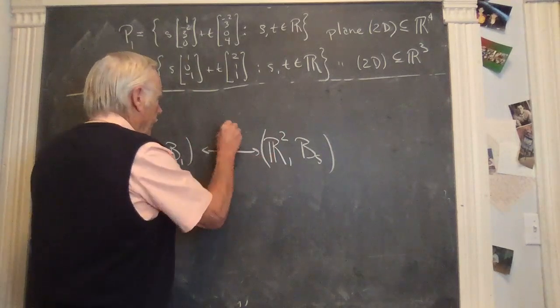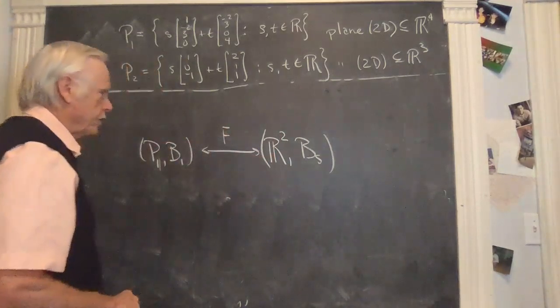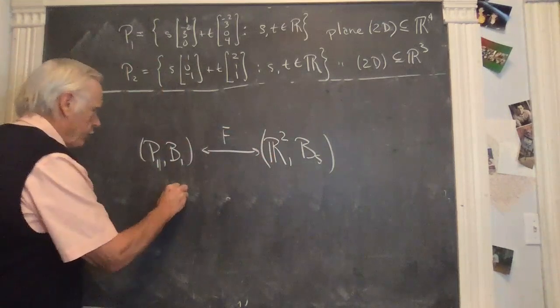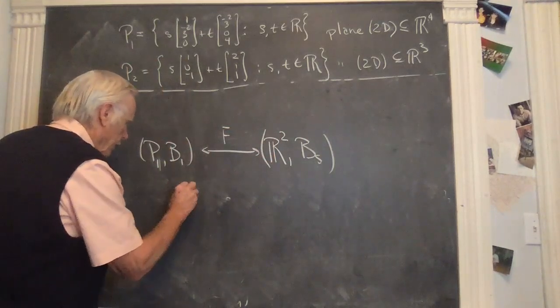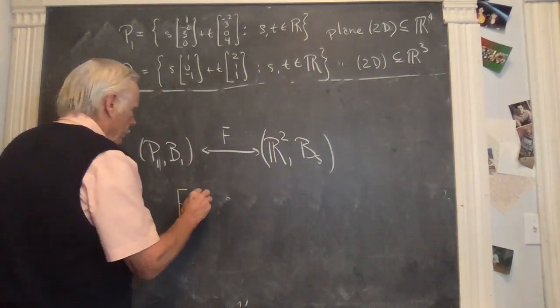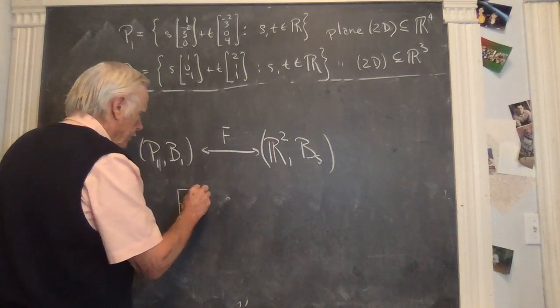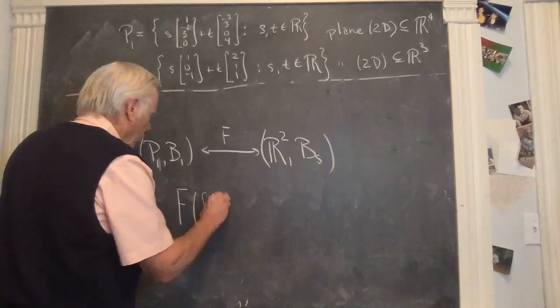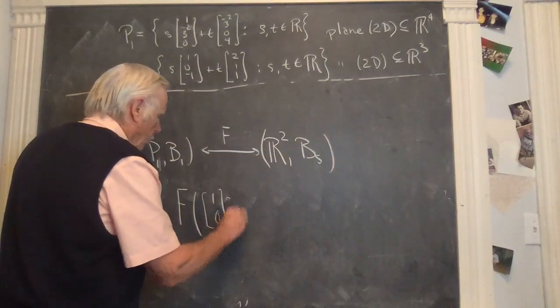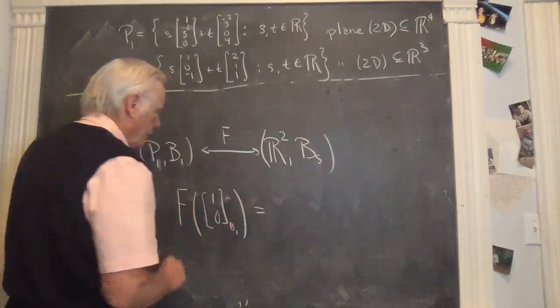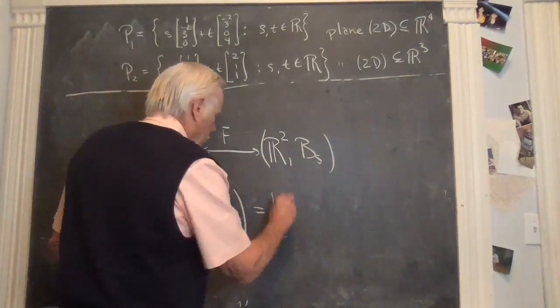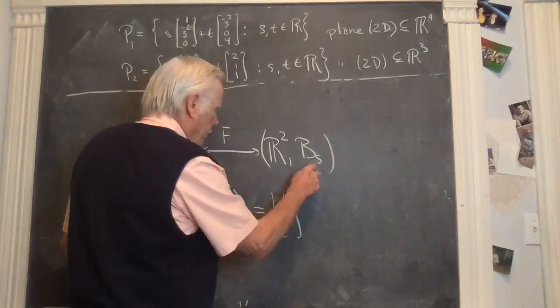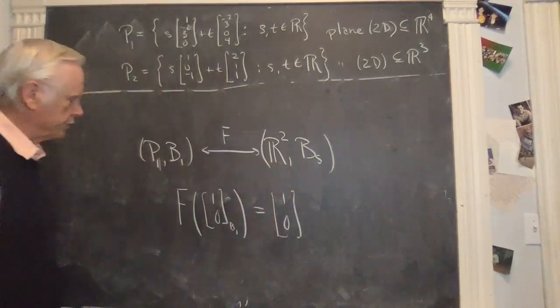So I'll call this F, just to tell you what the relationship is. And the relationship is really this, that if you take F of any basis element, like 1, 0, according to B1, this will be equal to 1, 0, according to the standard basis in R2.